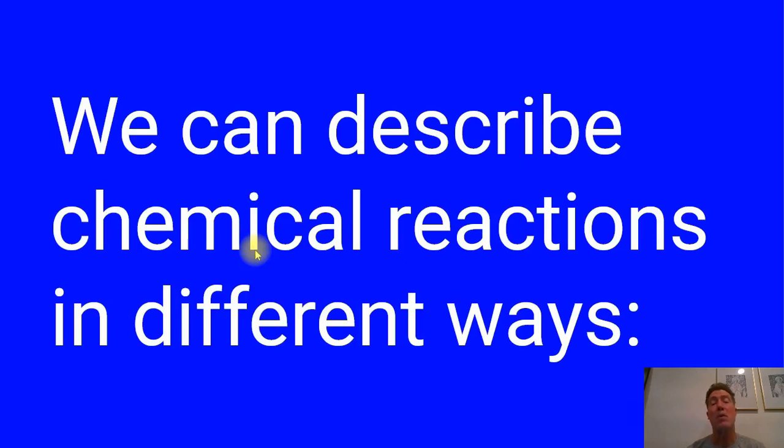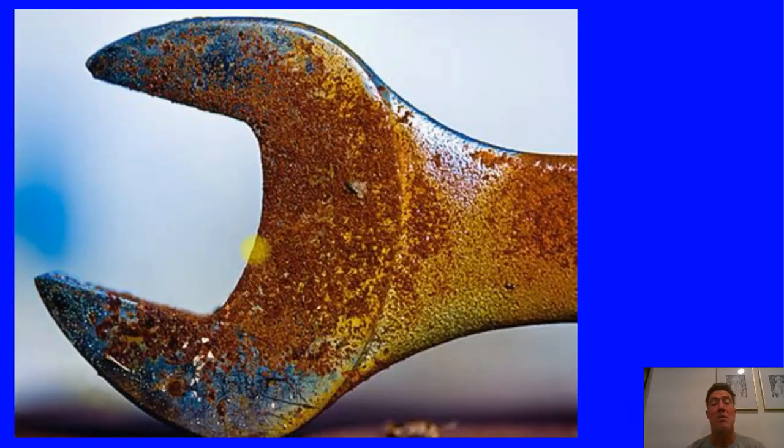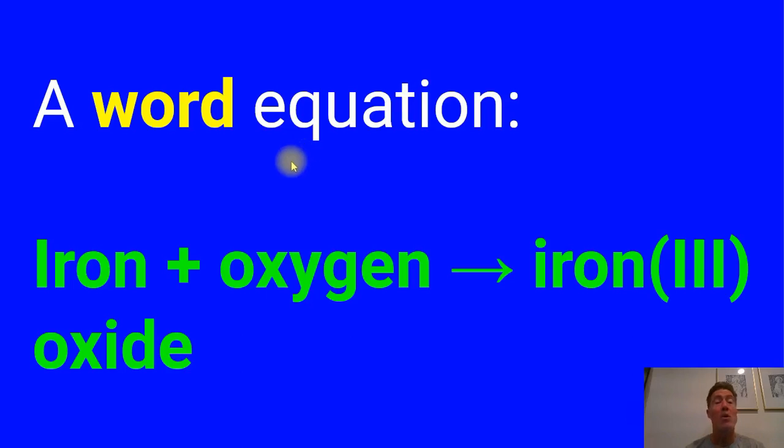So we can describe chemical reactions in different ways. So this is the chemical reaction known as rust, the formation of iron oxide. A word equation would be this: iron plus oxygen produces iron(III) oxide.